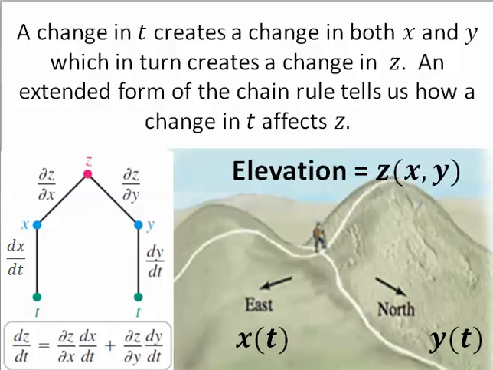Let's say this over again. A change in t creates a change in both x and y, which in turn creates a change in z. An extended form of the chain rule tells us how a change in t affects z.